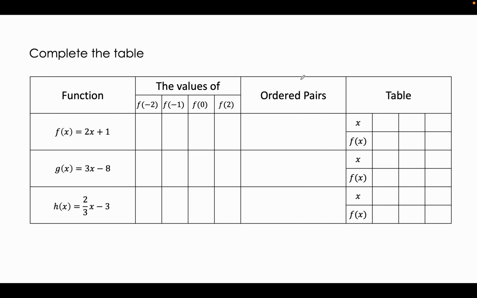And then you're going to write the ordered pairs, and you are going to express it in tabular form. So let's have f of x equals 2x plus 1. So all we need to do is to substitute the given value. Take note, f of x. So that means, ang x dito, negative 2. Ito value ng x yan. Yung mga nasa loob na yan. So therefore, negative 2, we are going to substitute this for x.